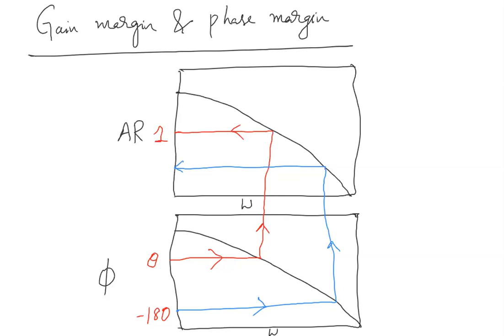Clear? Now, what does it tell you? Just go by this rule: equate the phase angle to minus 180. At that phase angle, calculate the frequency. What do you call this frequency?